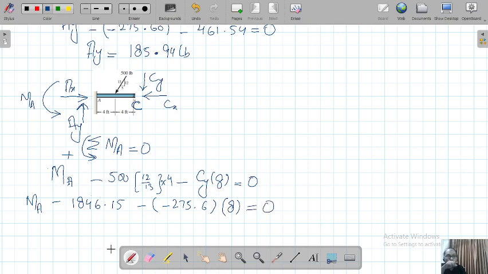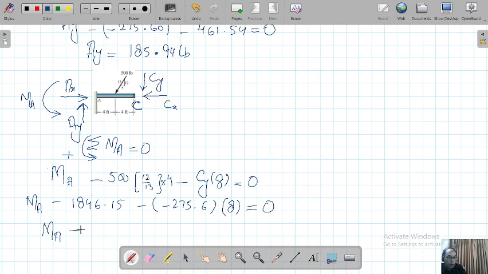So now in this equation you know all the numerical values. There is only minus Ma, minus 1846.15, minus minus plus, it will be 275.6 into 8. So from here you can calculate your Ma.